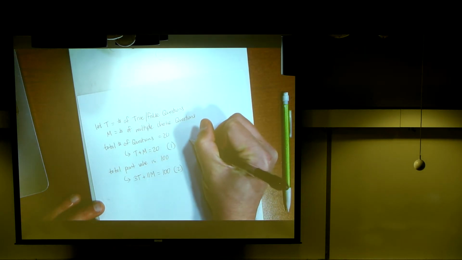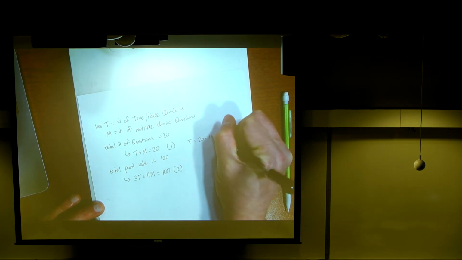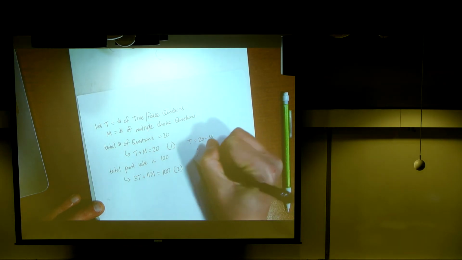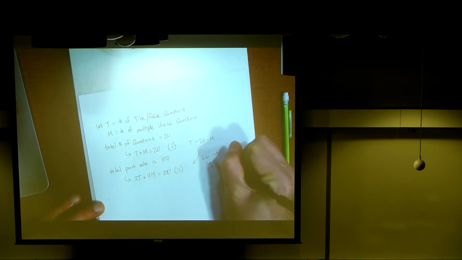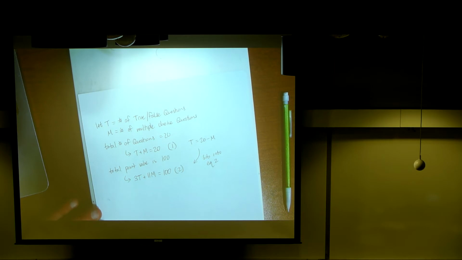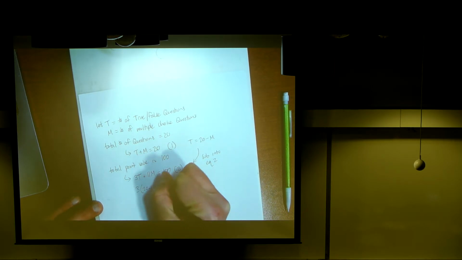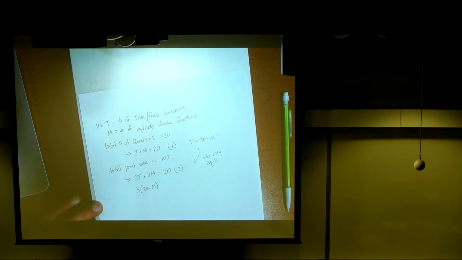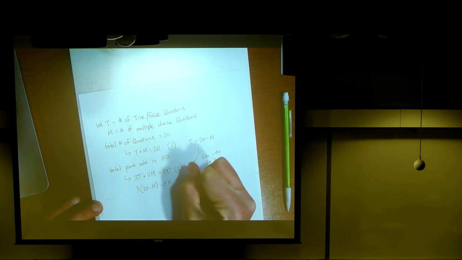Let's write the first equation as T equals 20 minus M, and then we can sub that formula into equation 2, okay? So I have 3 times 20 minus M, subbing that in for T, plus 11M equals 100.